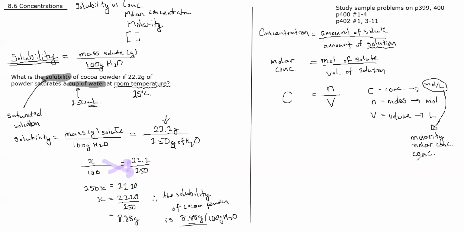It's the most common. Even if I use square brackets, that's something you might have seen in grade 10 when you talk about acids, like pH is equal to negative log of the square bracket of H. These square brackets are a shorthand symbol for the molar concentration of the hydrogen ions in the solution.